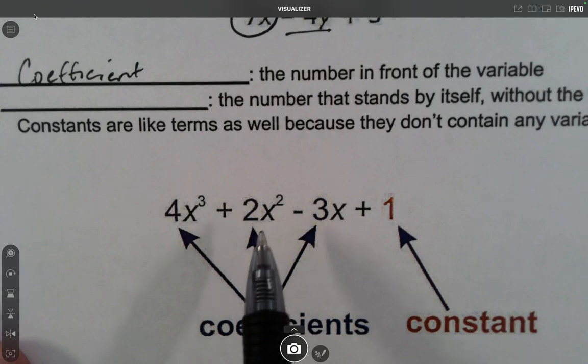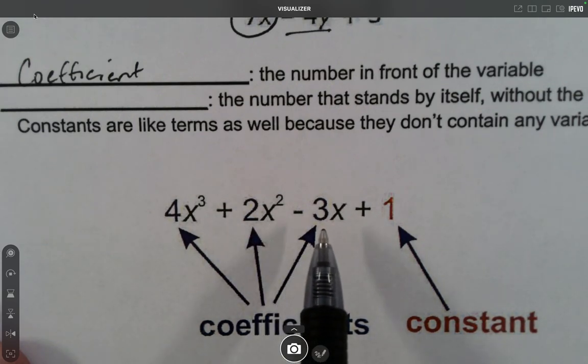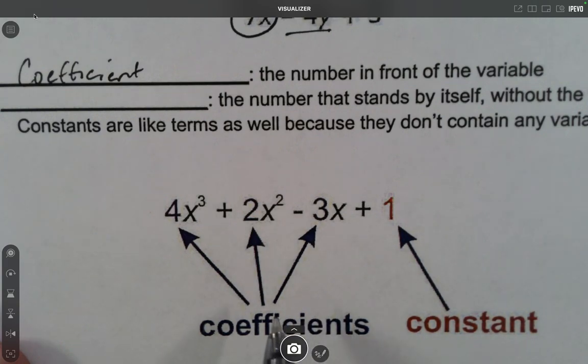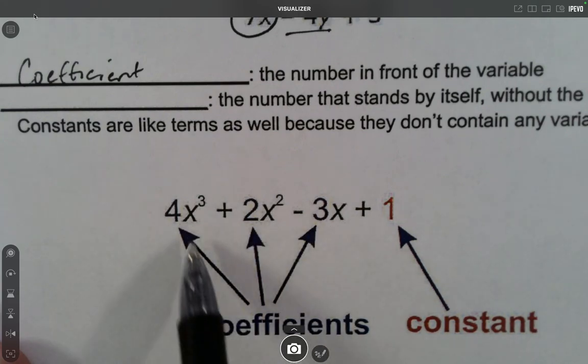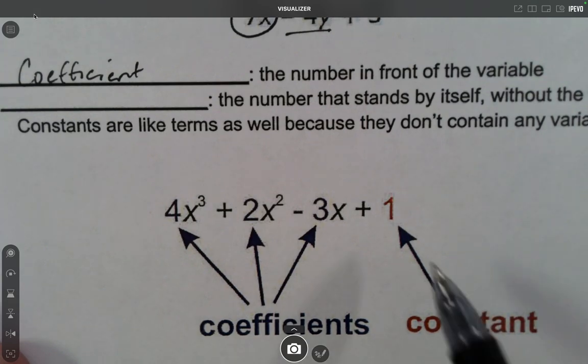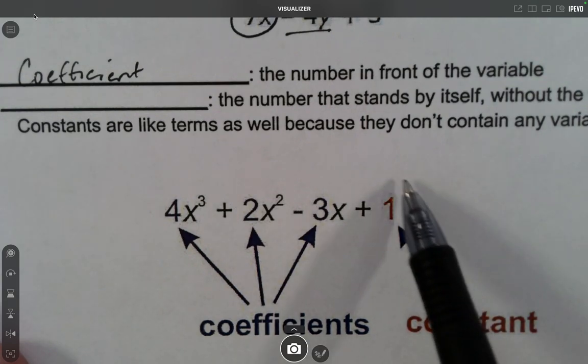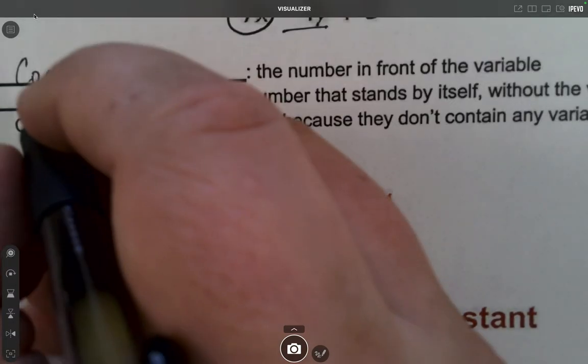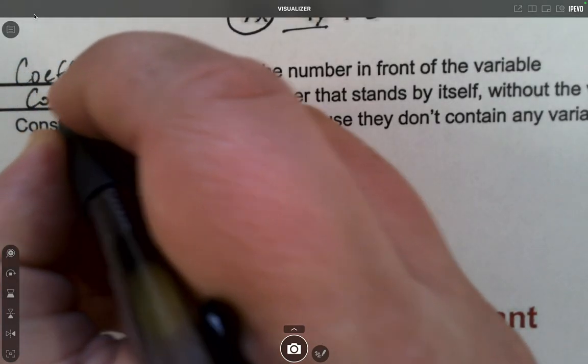Sorry, I may have said x cubed here. 2 is with the x squared, so it's a coefficient. 3 is with the x, so it's a coefficient. So these 3 numbers are coefficients because they are with a variable. They are in the same term as a variable. However, the 1 over here is not with a variable. So that is a constant.